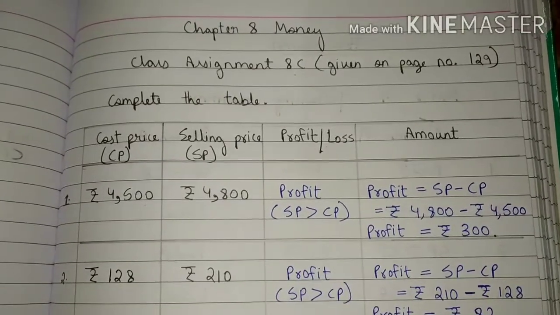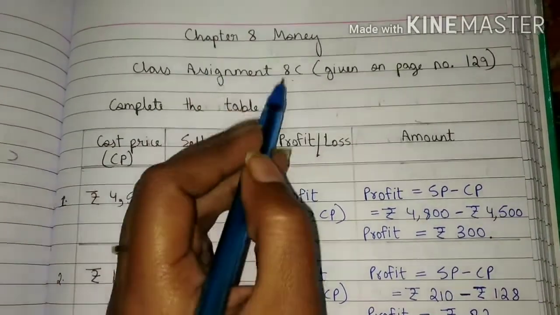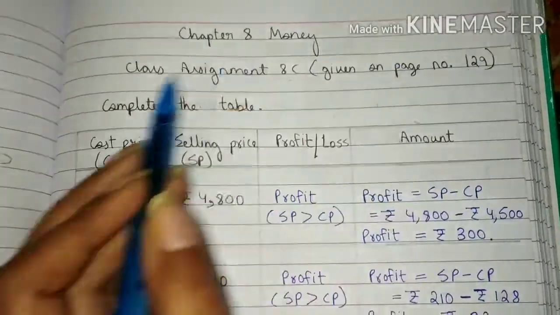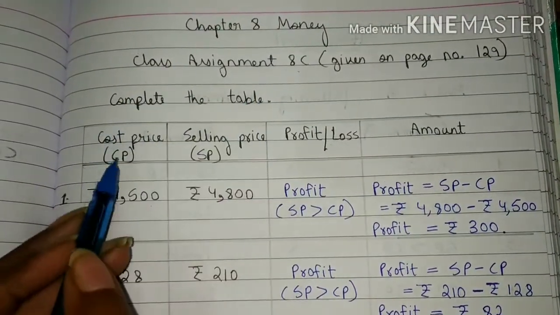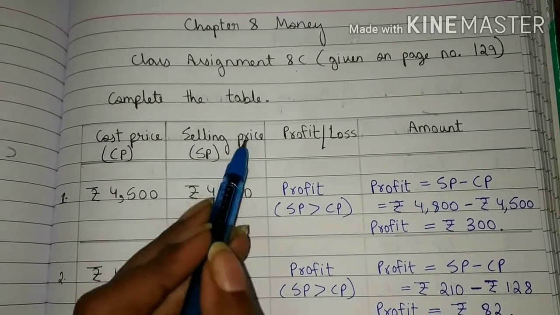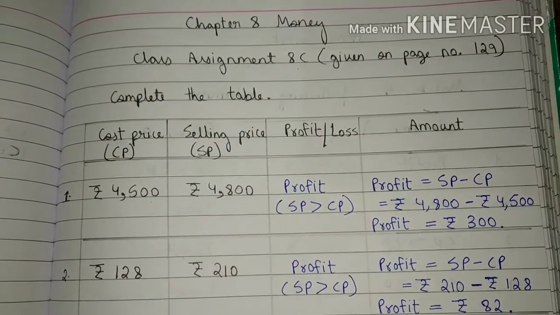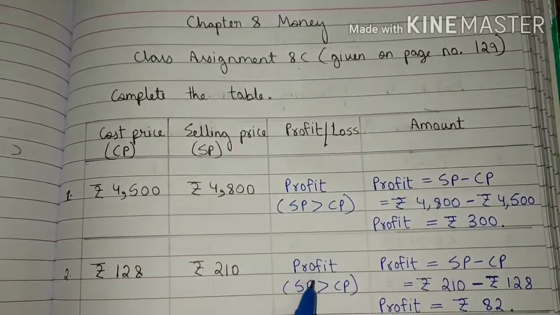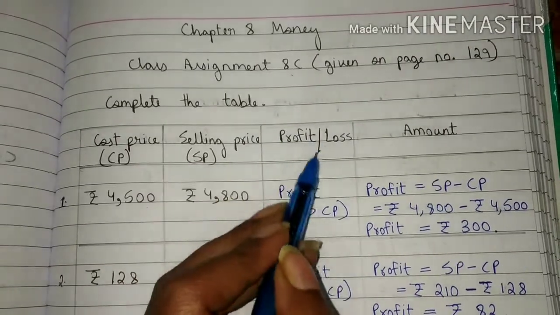Students, today we will solve class assignment 8C given on page number 129. Complete the table. Students, in this column, cost price is given to you. In this column, selling price is given to you. In this column, you have to tell whether the given condition is profit or loss.